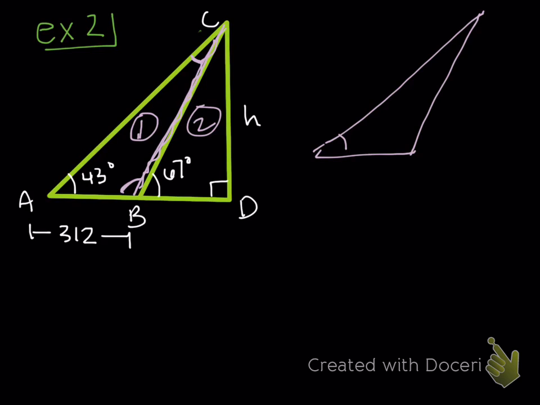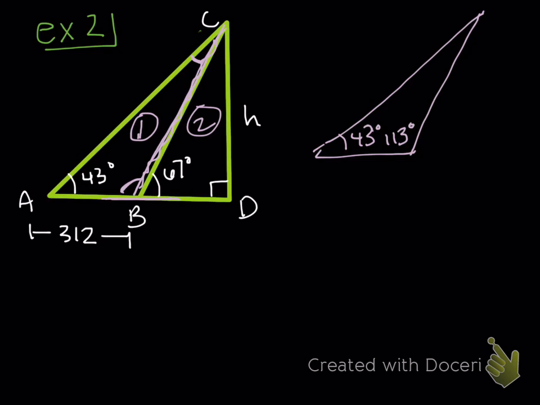So I know this angle is 43. And I know that this right here, this base of a triangle has 180 degrees in it. So I'm going to do 180 minus 67 to get that angle. So 180 minus 67 will give us 113.